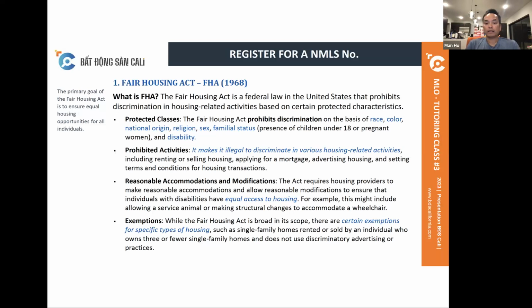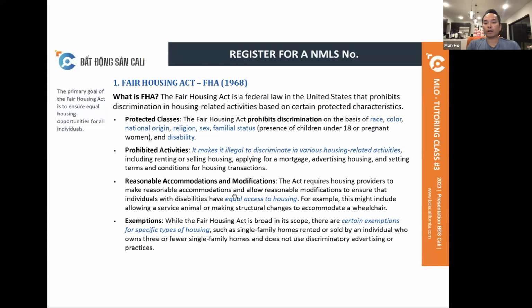So all the activity needs to be legal. You don't set this person at a higher rate and the other person at a lower rate if they have the same criteria, the same financial situation and everything, including credit score. So it's prohibited to do illegal things when you're helping with housing related activities.